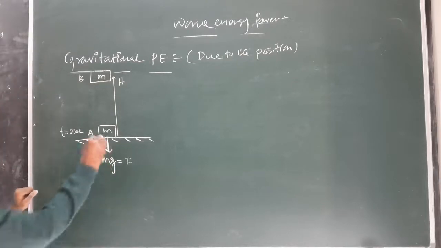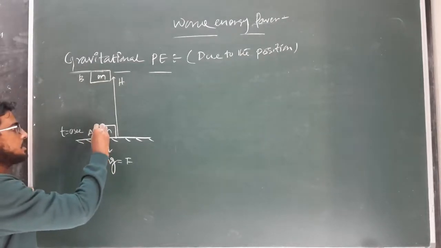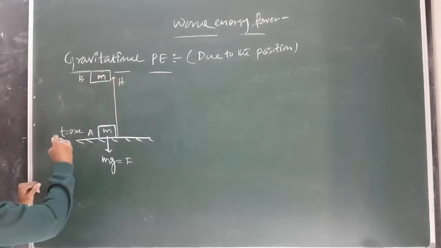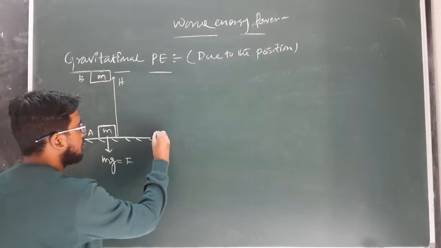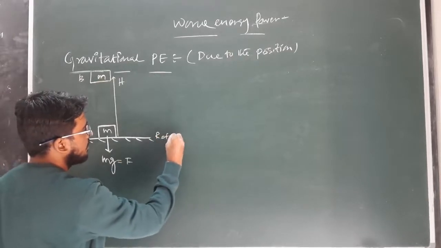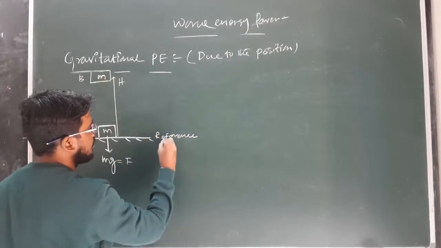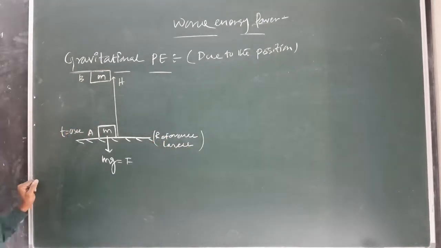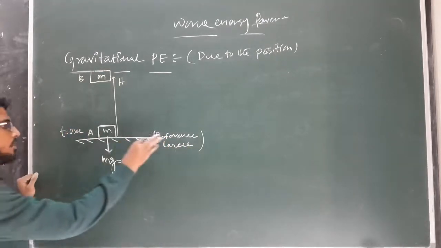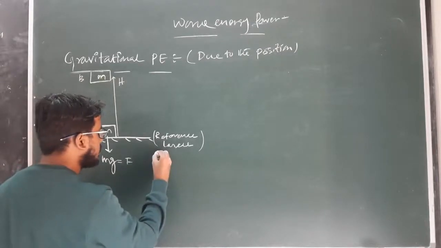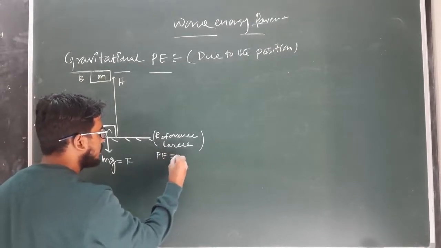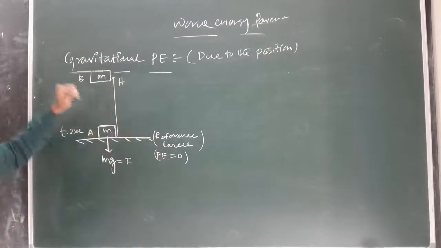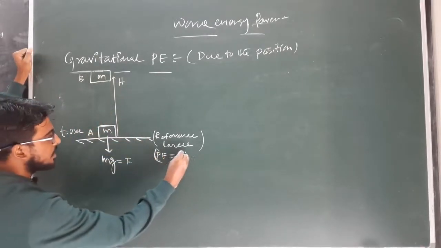Clear? So our intention is to displace this block from point A to point B, where point A is on the ground level. Let this be the reference level. Okay, so the ground is considered as the reference level. The reference level is where we take the potential energy as 0.